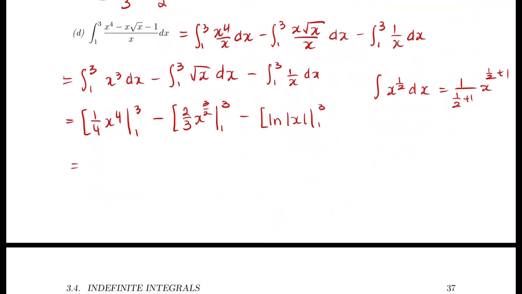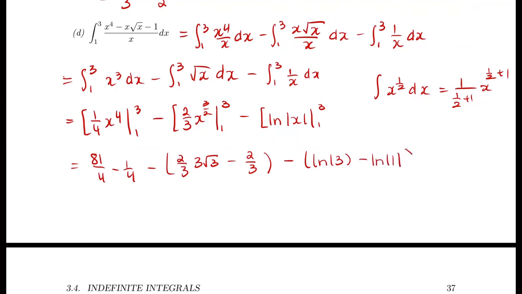And so plugging in the values, for the first integral we would just have 81 divided by 4 minus a quarter. For the second one, we would get 2 over 3 times 3 root 3 for the value, minus 2/3 here. And then minus ln of 3 minus ln of 1. So we see we could cancel some numbers here.